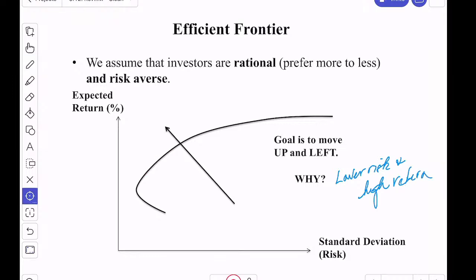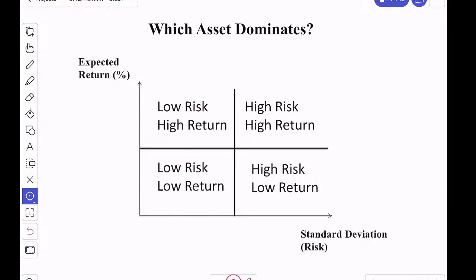And then that would create this envelope, and they'd have to choose along that curve. So it's important to identify which portfolios dominate other portfolios.